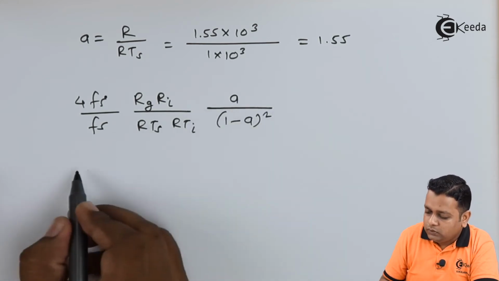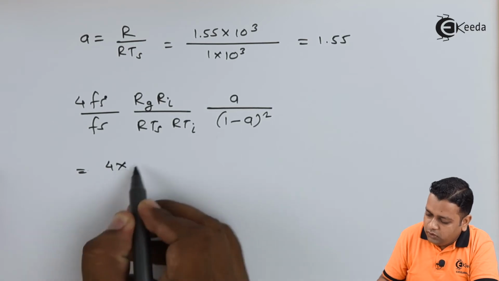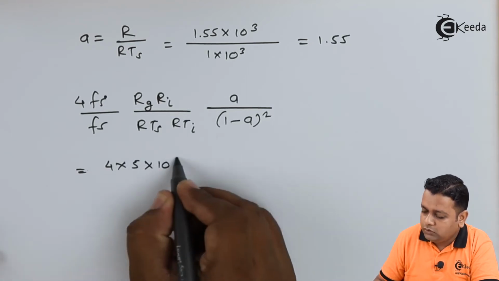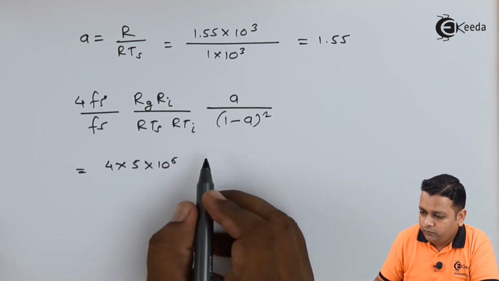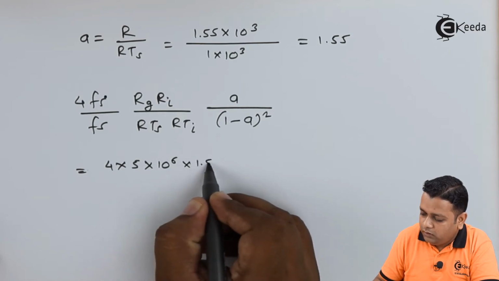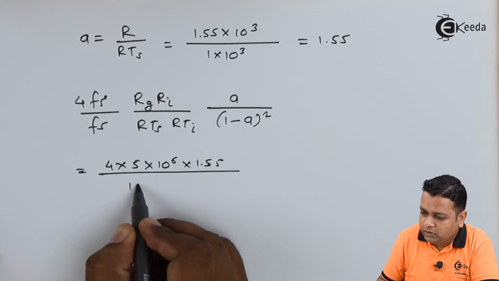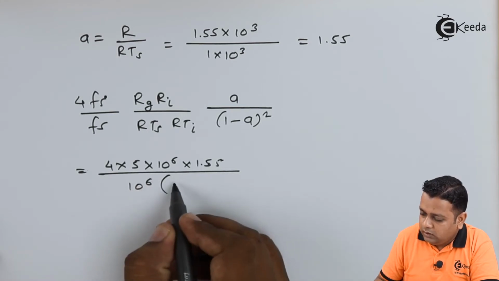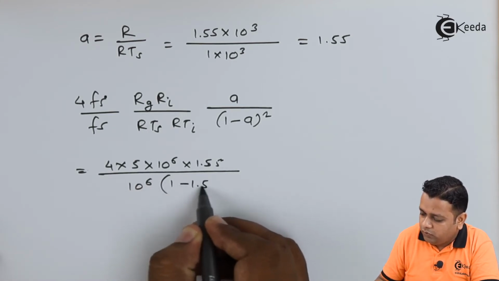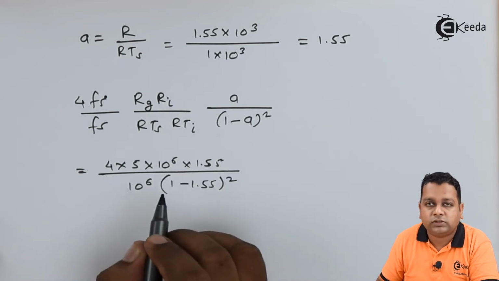So this gives us 4 into 5 into 10 raised to the power 6 into 1.55 divided by 10 raised to the power 6, in the bracket 1 minus 1.55, the bracket squared.